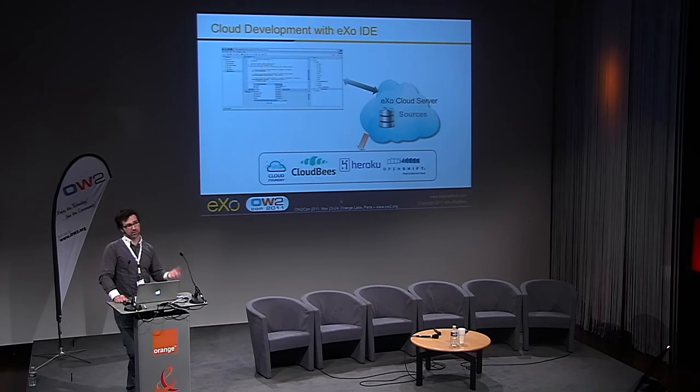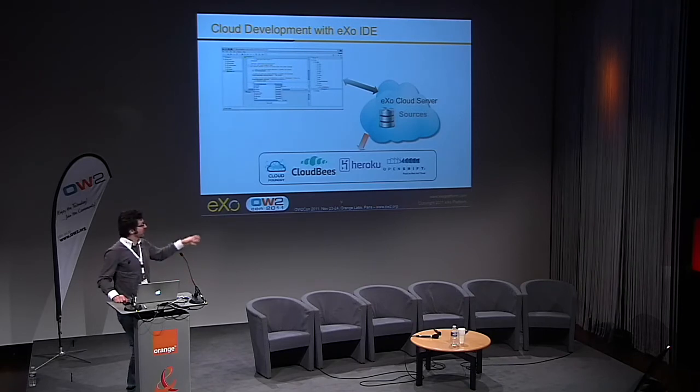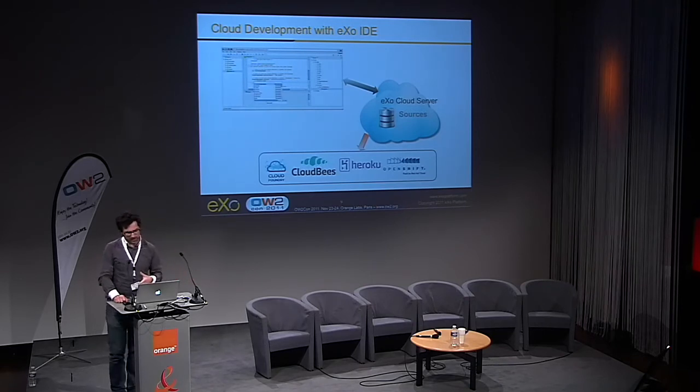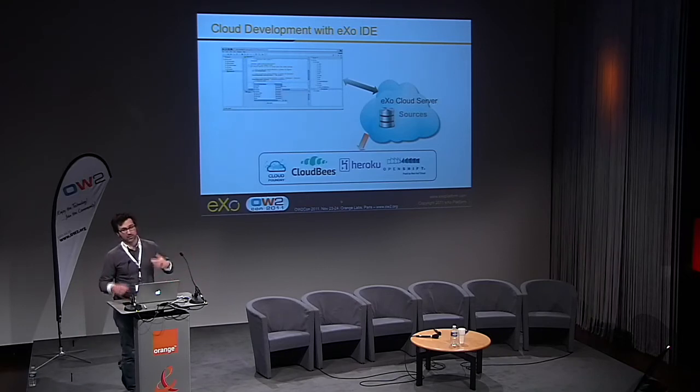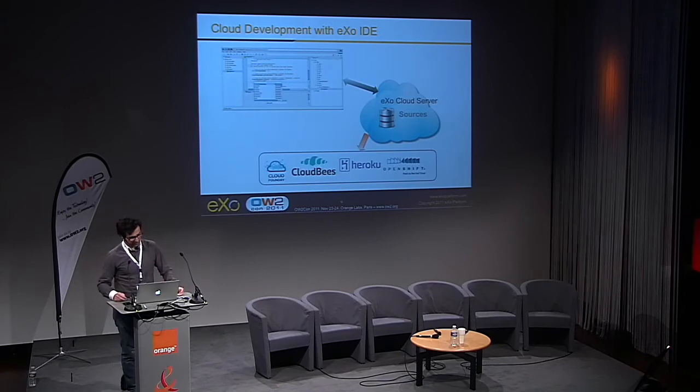You can just do a Git commit, Git push, and it will deploy your applications in different PaaS. So we have integration with Cloud Foundry, CloudBees, Heroku, and OpenShift. Obviously, we can do more depending on the API and the different services that are available.